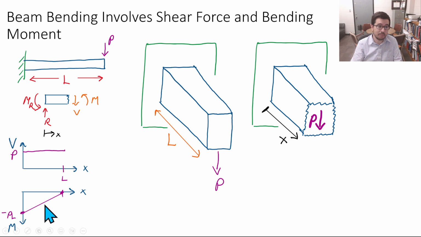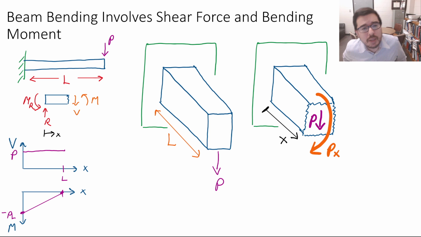If we're at x equals L over 2, it'd be something like minus PL over 2. So it scales down to 0 as a function of x, and it's negative. So instead of drawing it in the same direction, we can draw it coming down and just being Px.